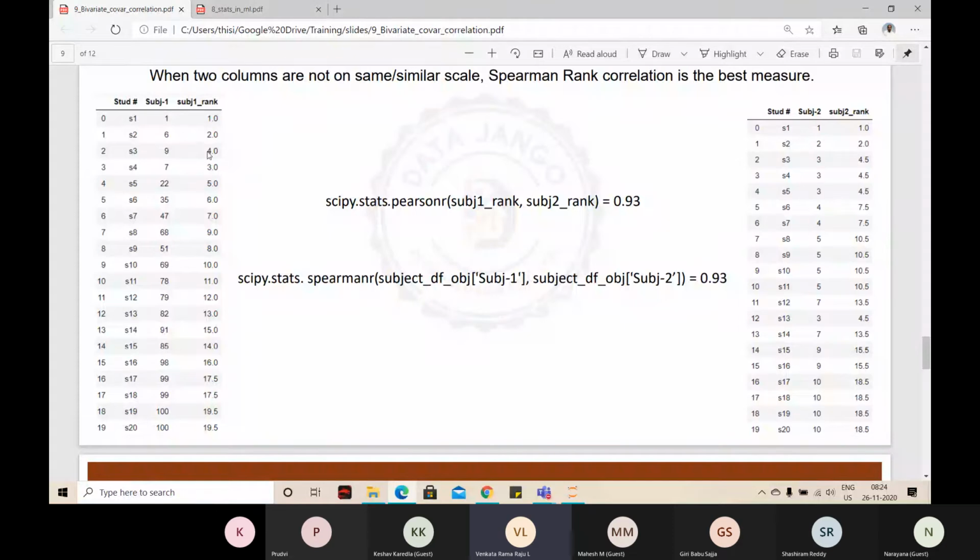What is rank? The small value I gave 1 and the maximum value I gave 20. I took 20 ranks here. 20 values are there, so 20 ranks. If you have 100 students in your class, 100 ranks will be there from 1 to 100. And if you have 1000 students, 1000 ranks will be there.